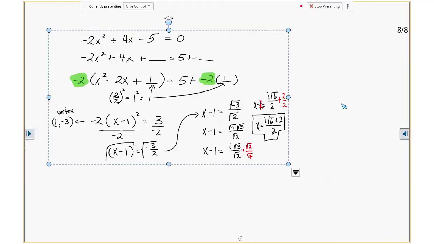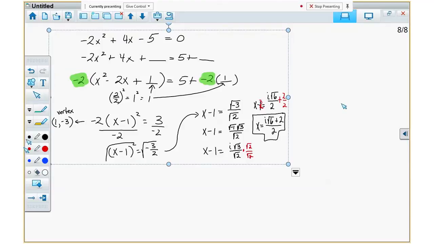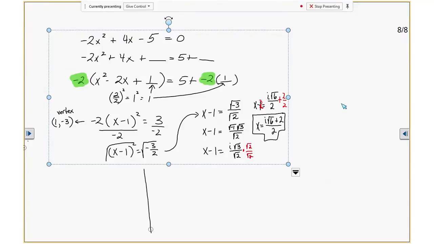Now, what does it look like? Well, we got a y-intercept of negative 5, and we've got a vertex of 1, negative 3, and which way is it going? Why is it pointing downward? Because of the negative in front of the 2.